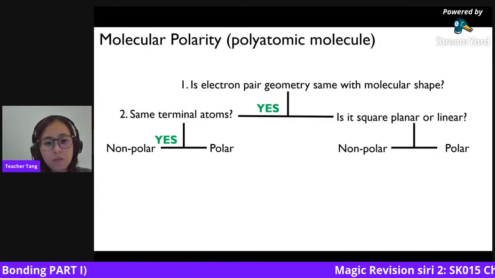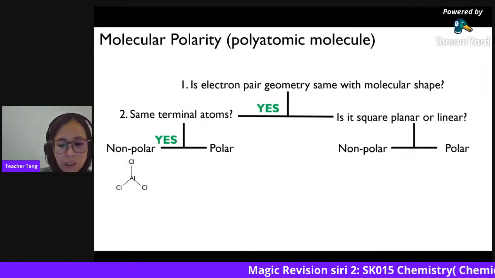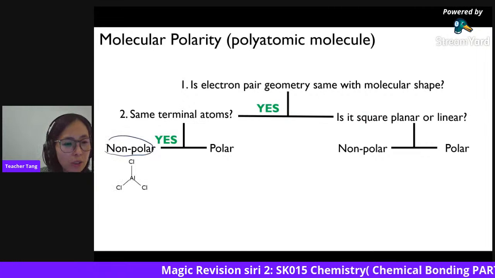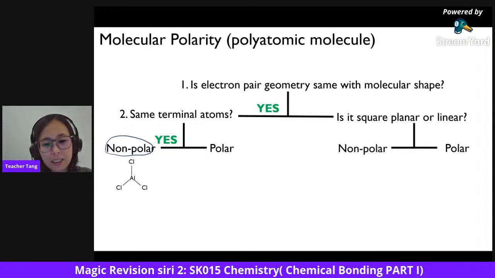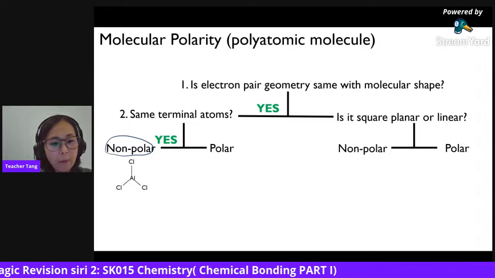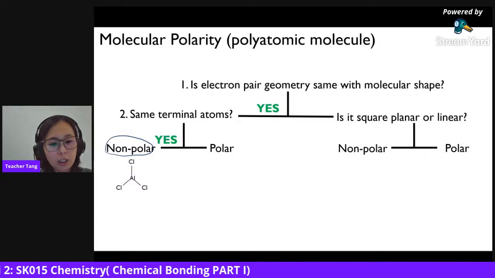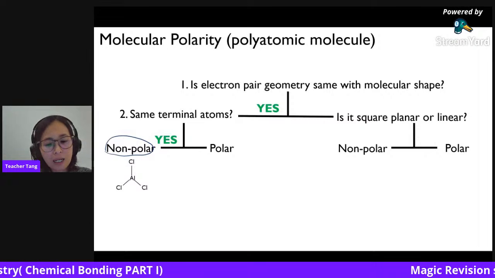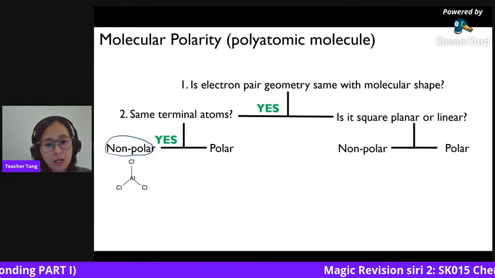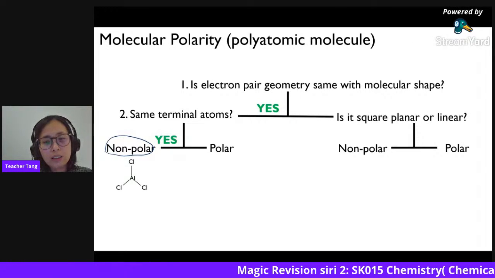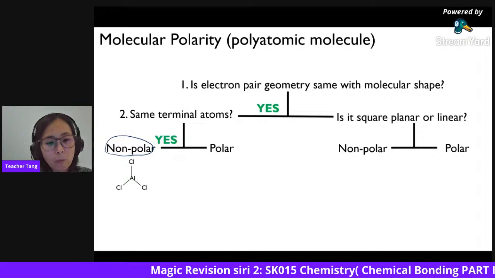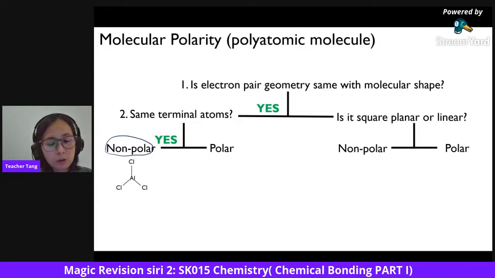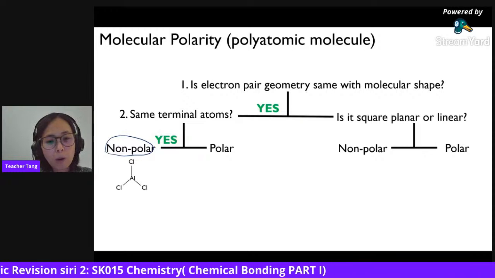If yes, then you get a non-polar molecule, because it means that all the bond dipoles in the molecule can cancel out one another. So the molecular shape for the molecule is symmetrical. So the net dipole moment is therefore equal to 0. So you get a non-polar molecule.